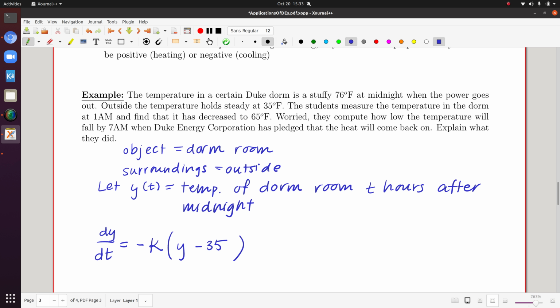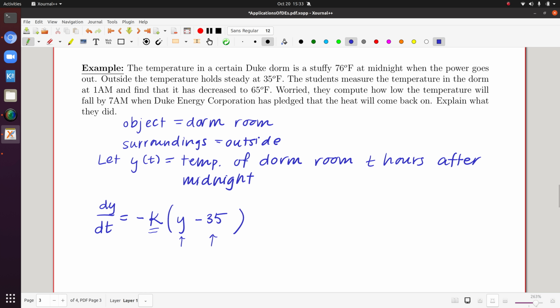I'll point out Newton's law of cooling always takes on this structure where you have the variable here and you have a constant that represents the surrounding temperature. Sometimes you might be provided with the value of the proportionality constant, but we'll see here we don't need that because we can solve for it from the given information.